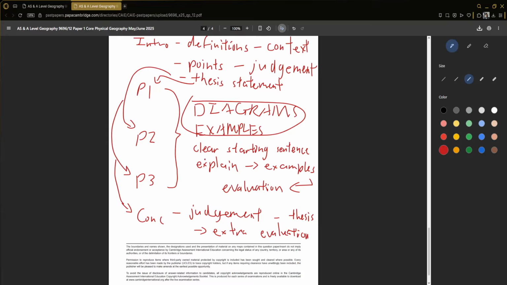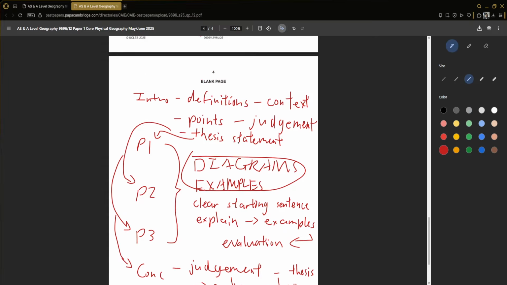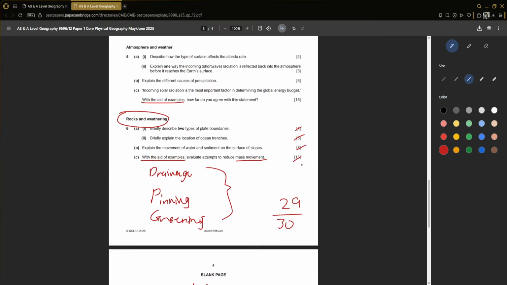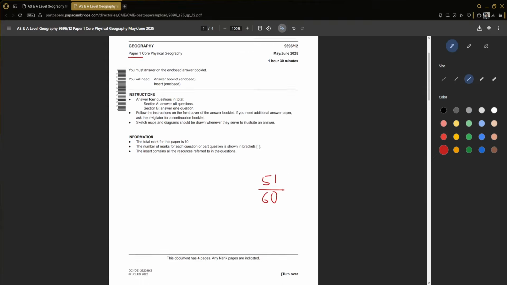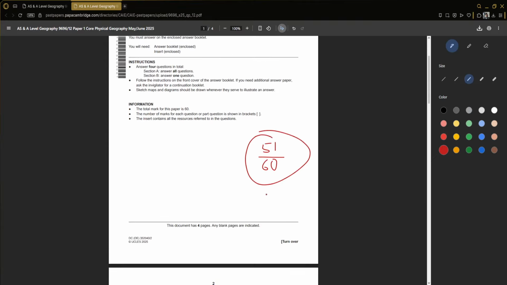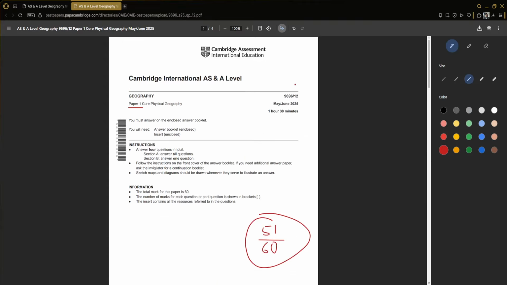You have to make sure that you're explaining things, you're evaluating things in your main body paragraphs to use to summarize in your conclusion to form an ultimate judgment. And with this structure, that's how I got 14 out of 15 for this question. 29 out of 30, only lost 1 mark. And that's how I got 51 out of 60, which is top in the world for this exam season and this paper.